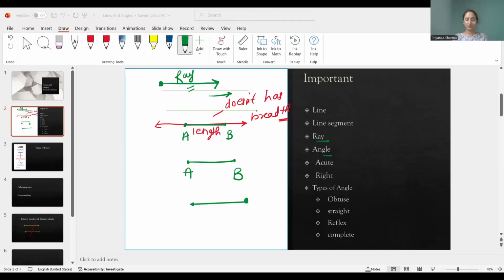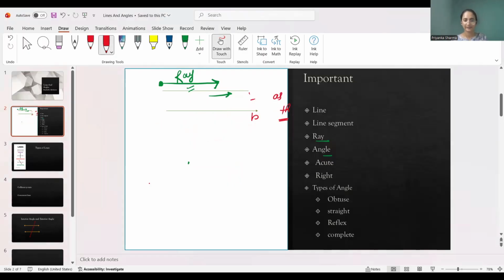So if we have two lines or rays, like ray 1 or line 1, and another line L2, it should have a fixed point, meaning it should be a ray.